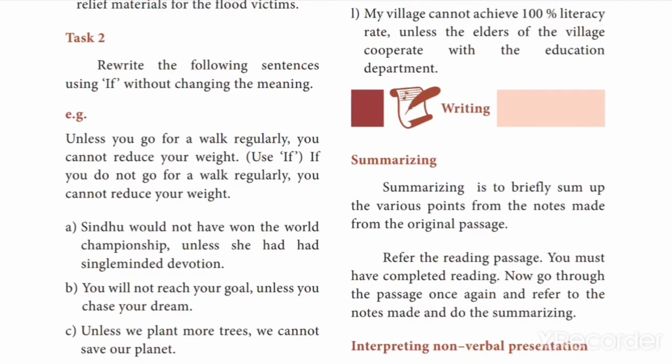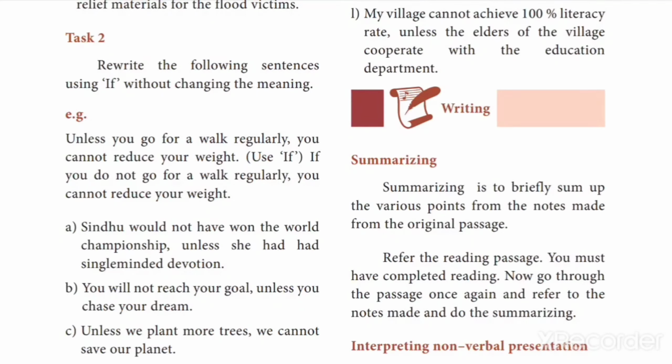So we have to follow the same thing everywhere in all the other sentences given under this task. So now let's come to sentence A. Sindhu would not have won the world championship unless she had had single-minded devotion. It is the sentence given. We have to remove unless and use if in place of that. It is not enough. In addition to that, when we do this, we have to change the clause into a negative one.